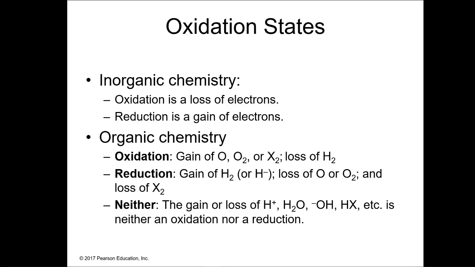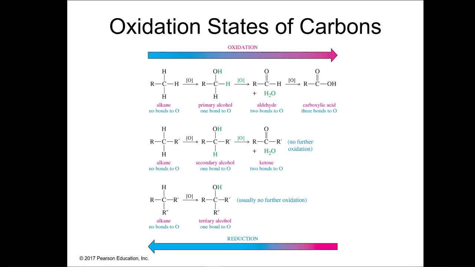Okay, so when we talk about oxidation states of carbon, the most reduced state of carbon is just an alkane. And then primary alcohol, aldehyde, carboxylic acid, and carbon dioxide would be the highest form of oxidation. So the most oxidized carbon you can get is carbon dioxide.